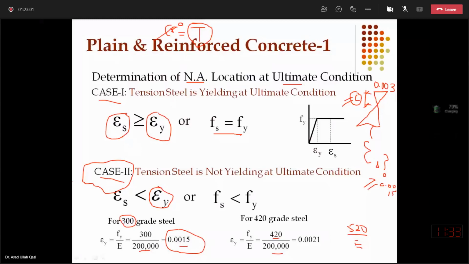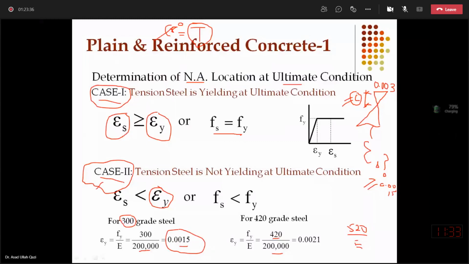So a failure without warning is dangerous, and we call it over-reinforced or compression controlled failure. And case 1 we will call tension controlled, under-reinforced failure. Case 1 means tension controlled under-reinforced beams, and case 2 means over-reinforced compression controlled beams.